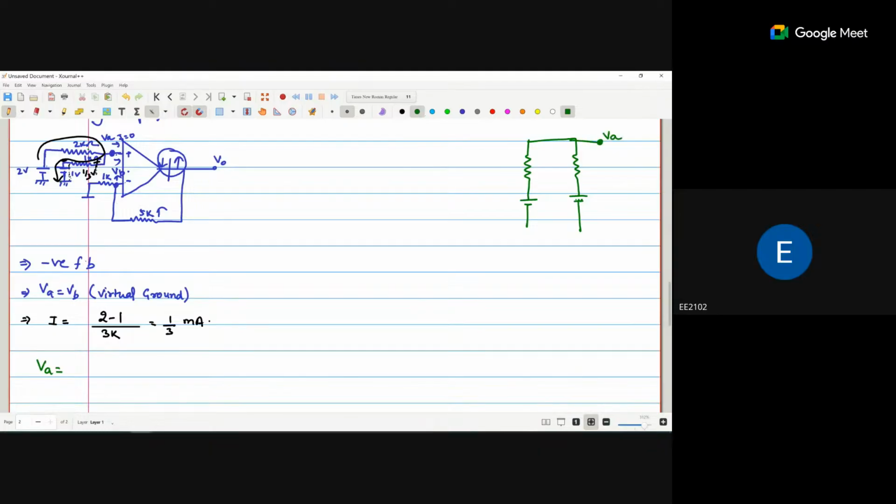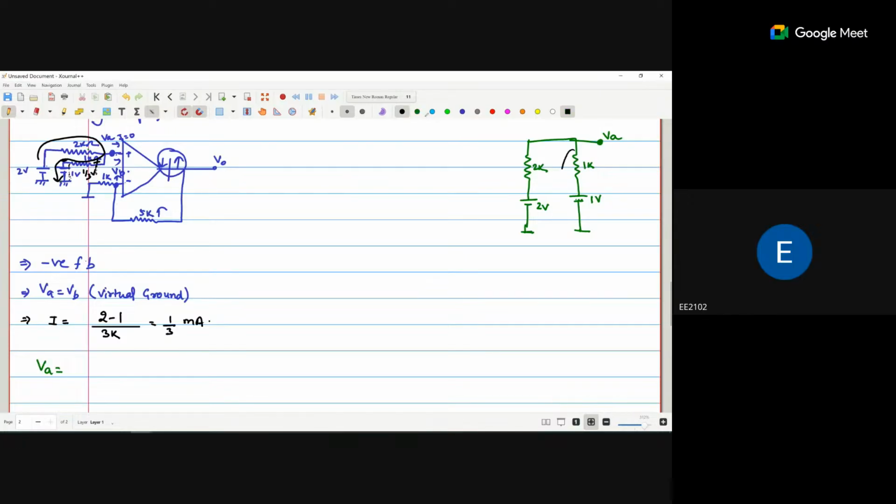This point is VA. That is 1 volt, 1K, 2K, and that is 2 volts. So what is VA?